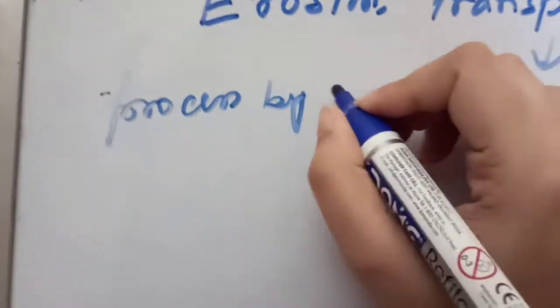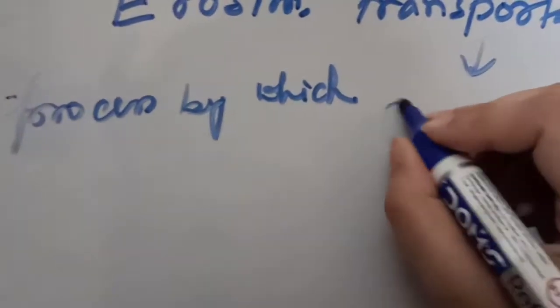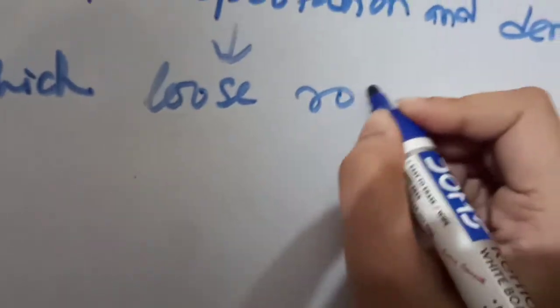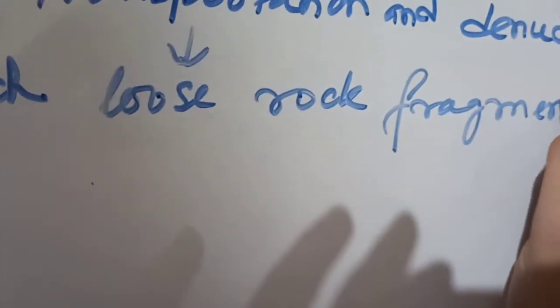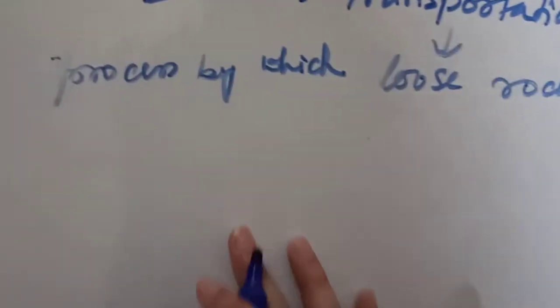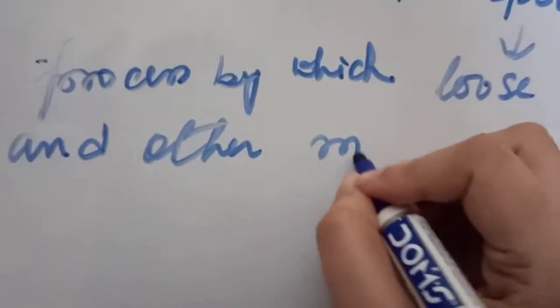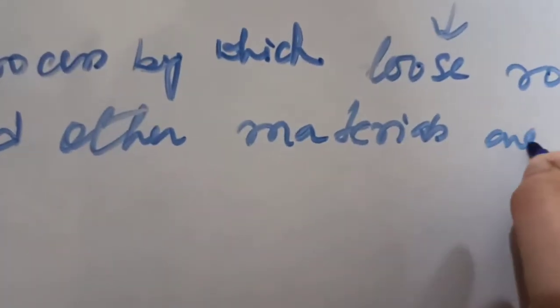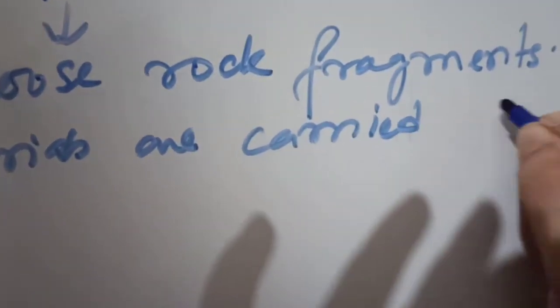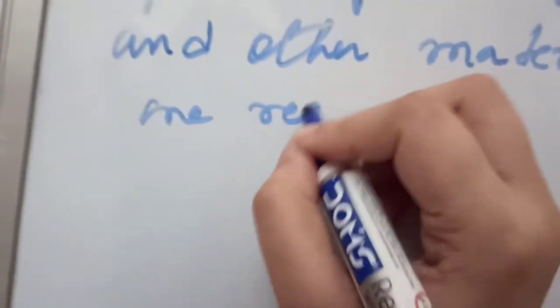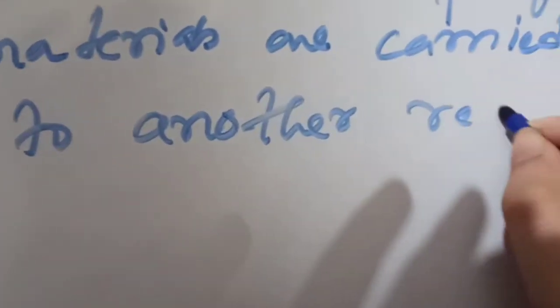It is the process by which the rock or the loose rock fragments which fall or which are created due to the action of erosion, and other materials, are carried away from one region to another region. The process is known as transportation.